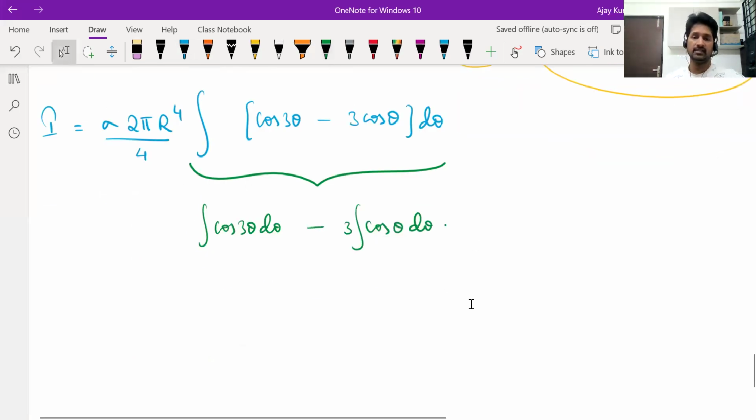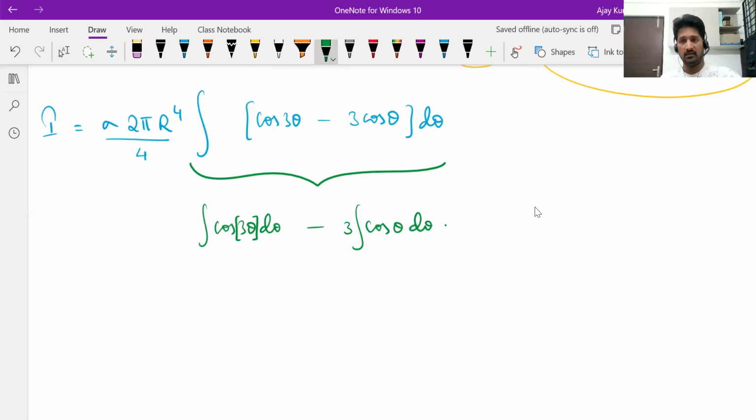What is integral cos 3 theta d theta? Anyone? Sin 3 theta by 3. Okay, wait, this is integration, no? Yeah.